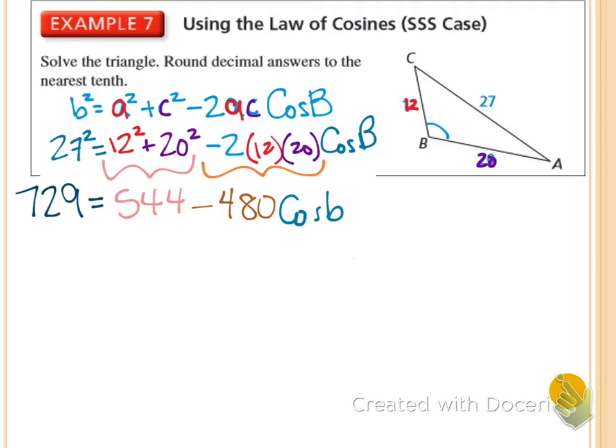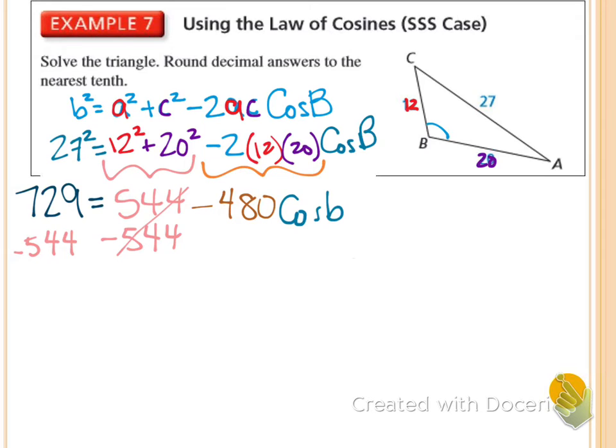All right, so we continue to solve. If this were an x instead of cosine of b, what would we do next? We're going to subtract. Good. Subtract 544. This is especially a time you do not want to clear your calculator. 729 minus 544.